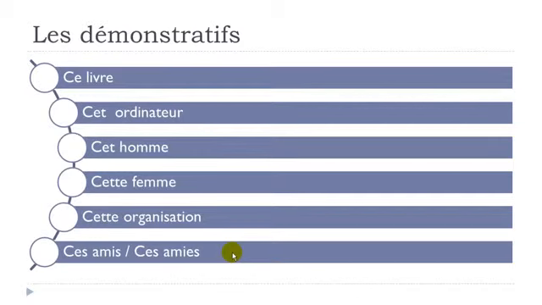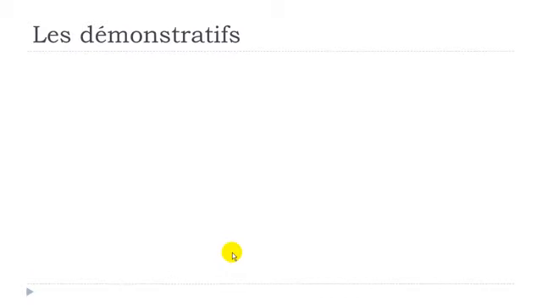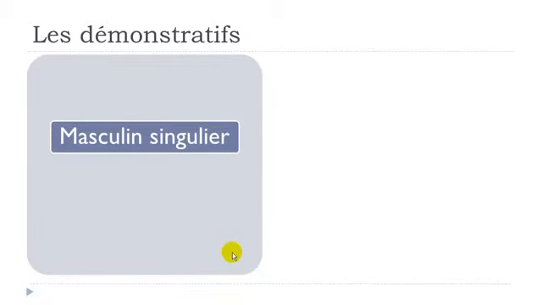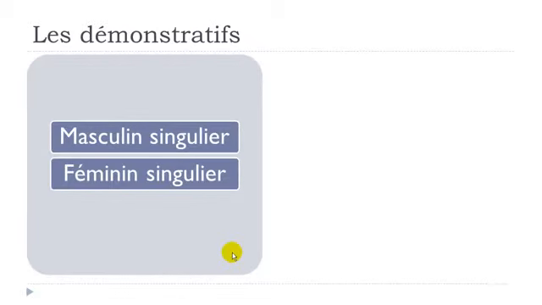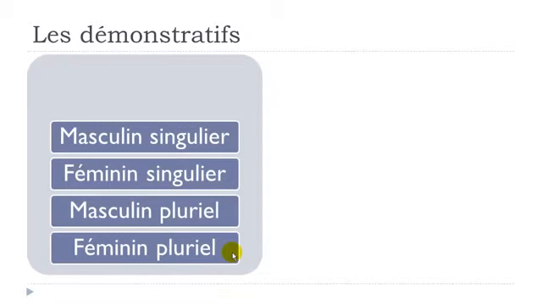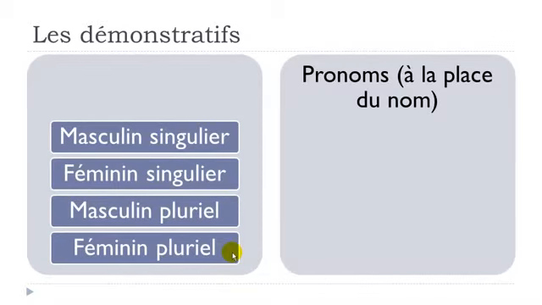Sorry about that. But let's continue now with les démonstratifs. We'll see now the pronouns. Same thing, we'll see the masculin singulier, then féminin singulier, then masculin pluriel, and then féminin pluriel. So pronouns.